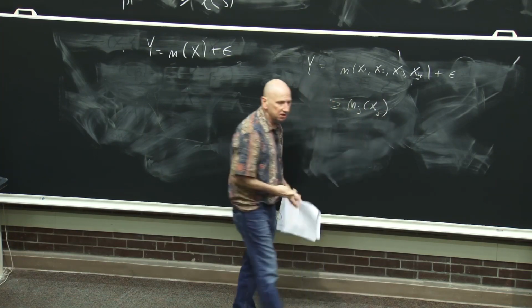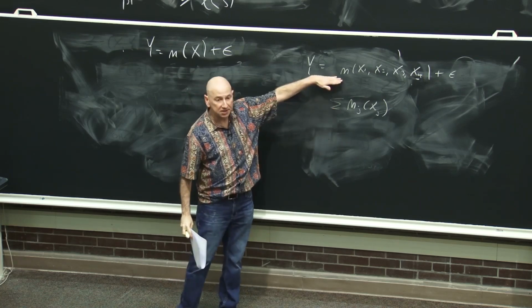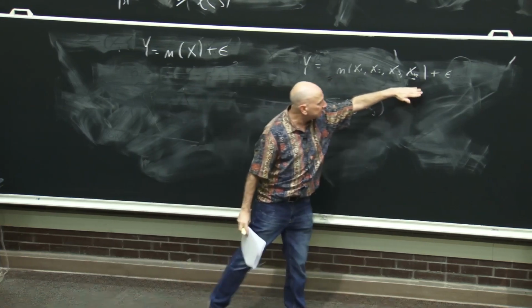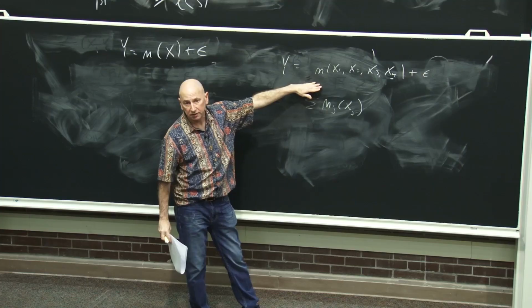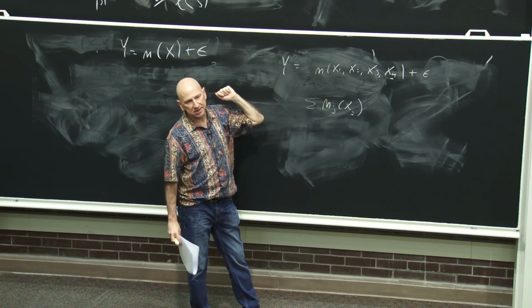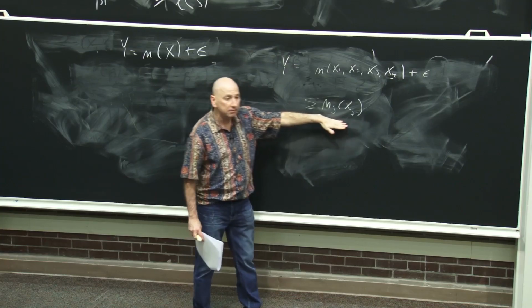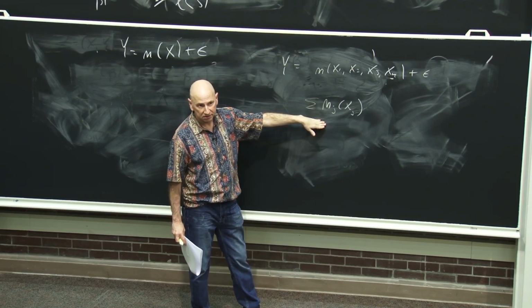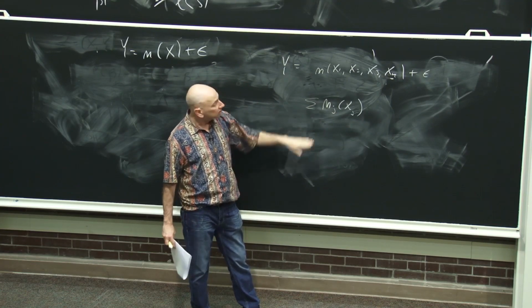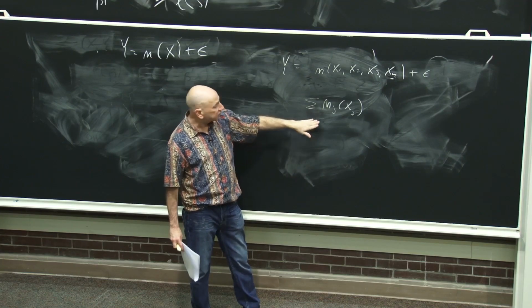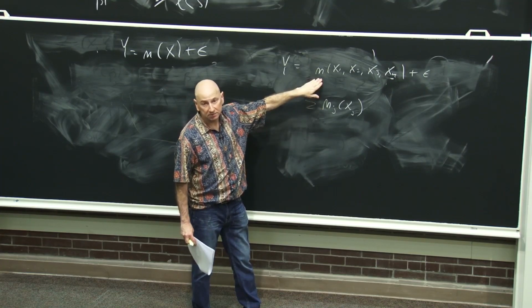We'll talk about this. This is not as non-parametric as this. This is saying we're going to let this be an arbitrary function of x1 to x4. Linear regression would say let it be a sum of linear functions. Something in between that we'll talk about is let it be a sum of arbitrary functions. It's in between the 2 extremes. The disadvantage is it's not as flexible as this, obviously.